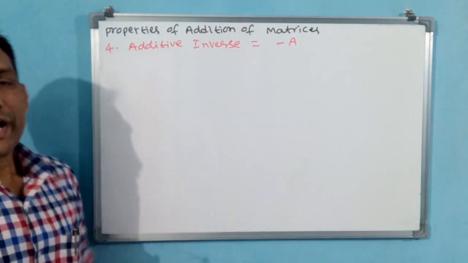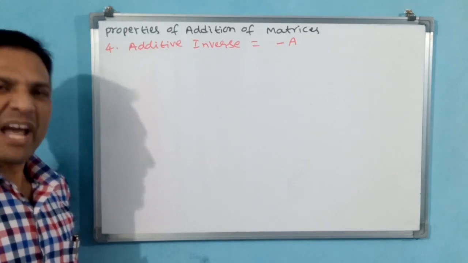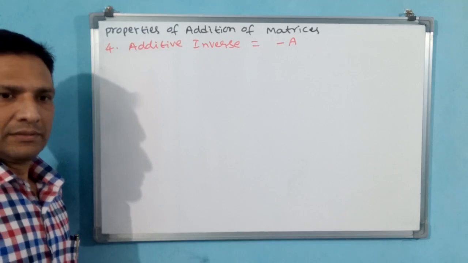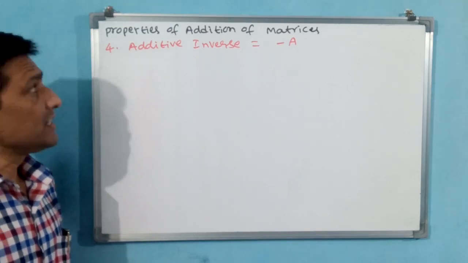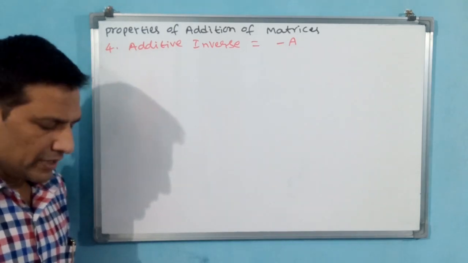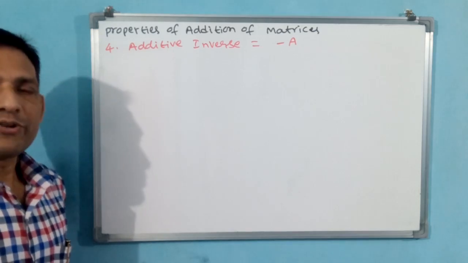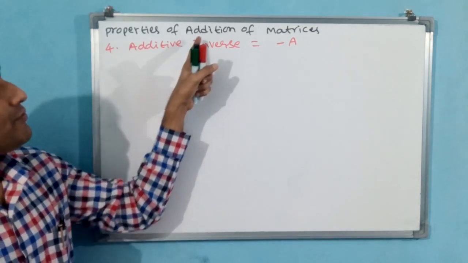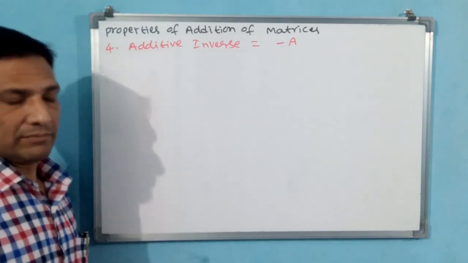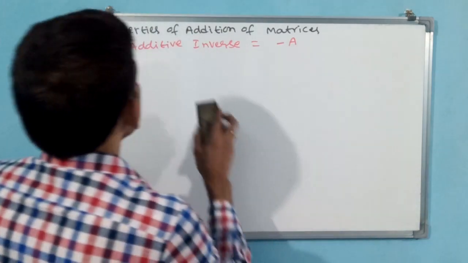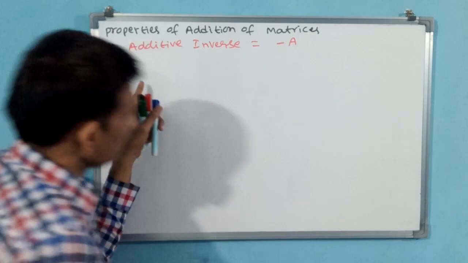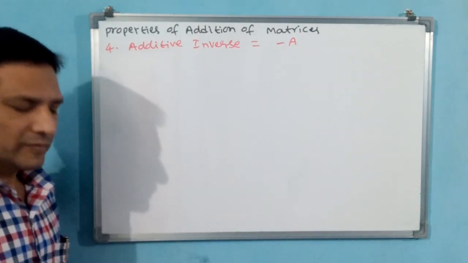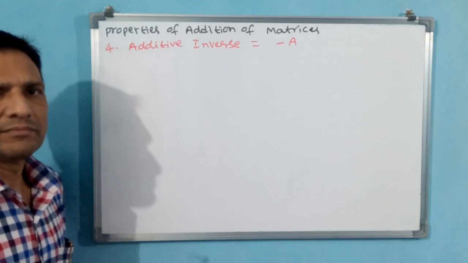Additive inverse is negative A or minus A. Negative A or minus A, whatever you call, is the additive inverse. Sorry, additive inverse is negative A.